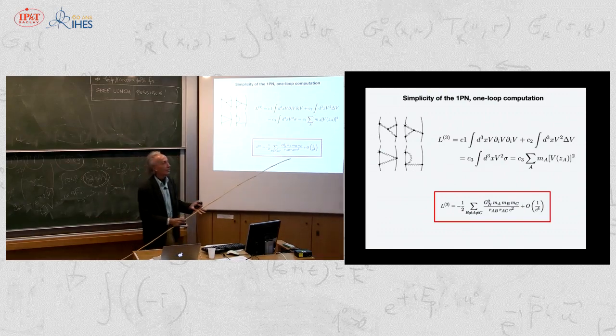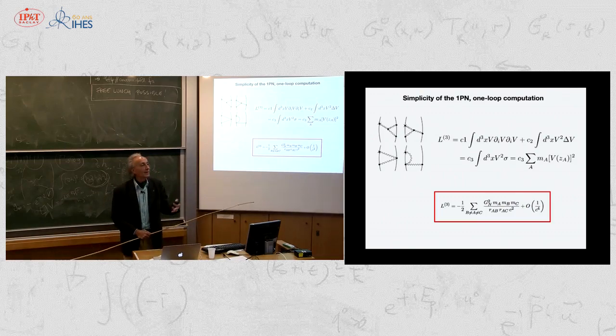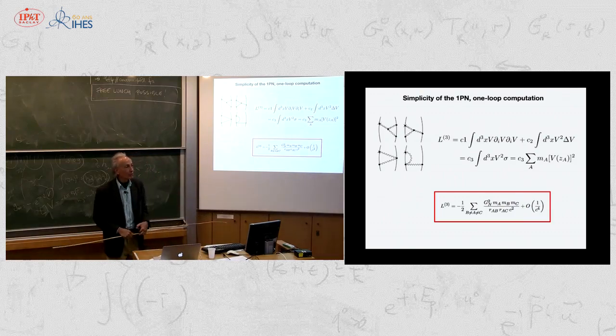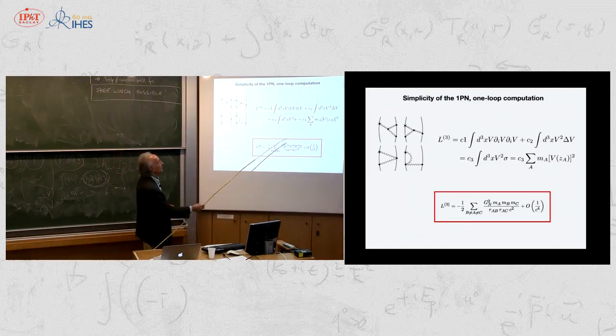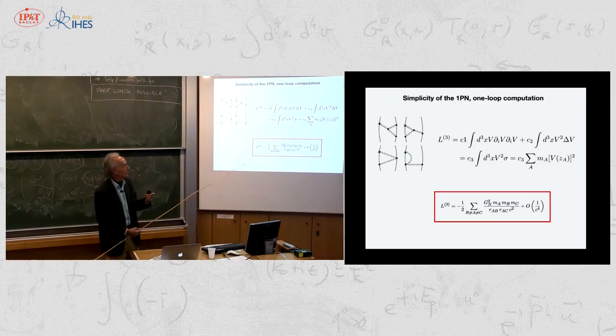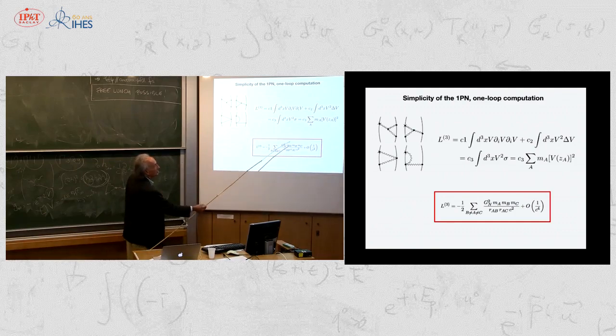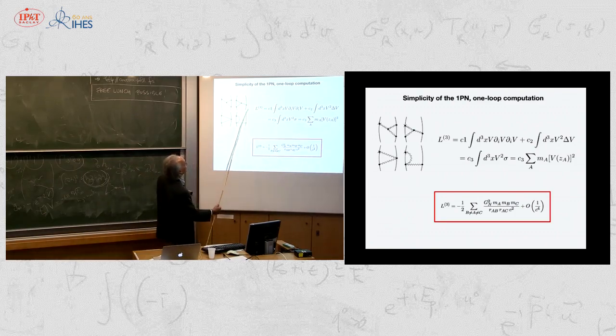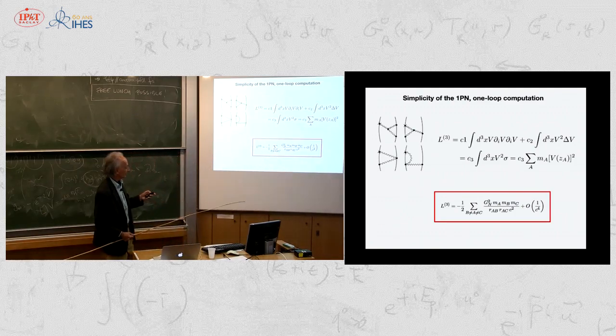It is just the sum of V squared terms. And this is why already in 1916 Droste could compute things to what we would call one-loop order in the post-Newtonian sense, because this complicated one-loop thing is equivalent to something nonlinear. It is quadratic in Newton's constant, so it is indeed a sum of this term, but it is essentially the sum of the square of the potential of each body.